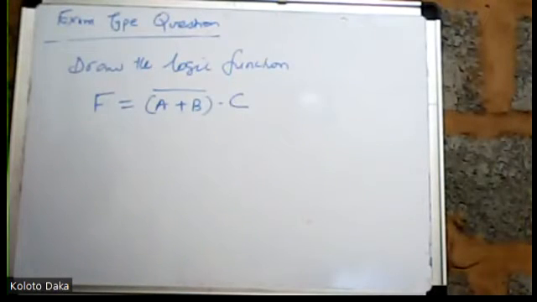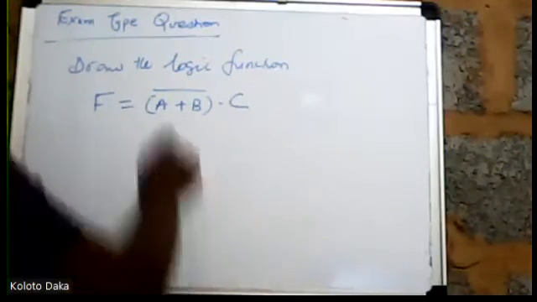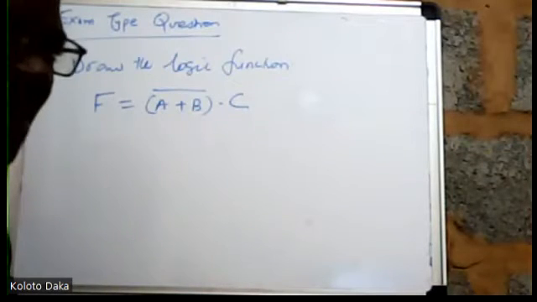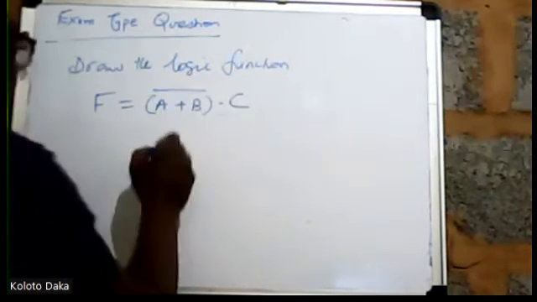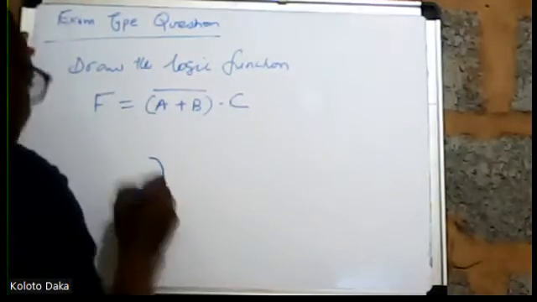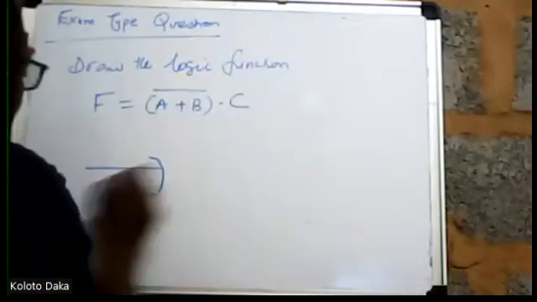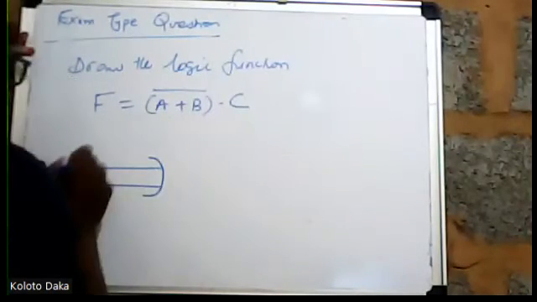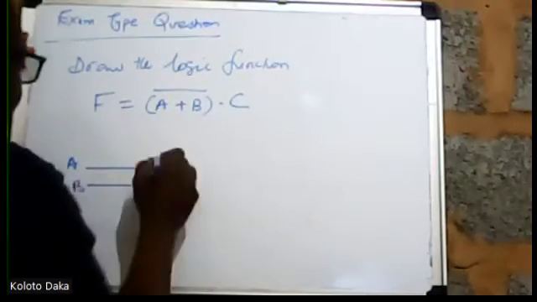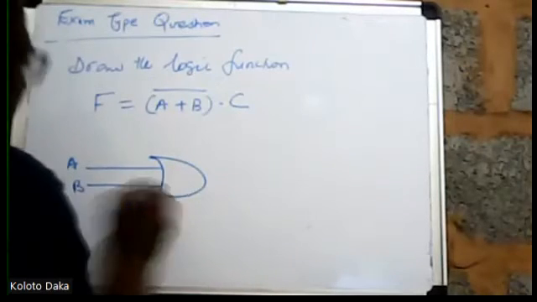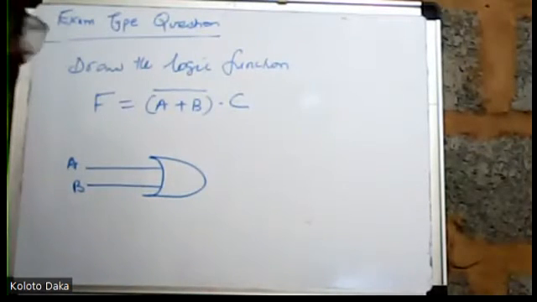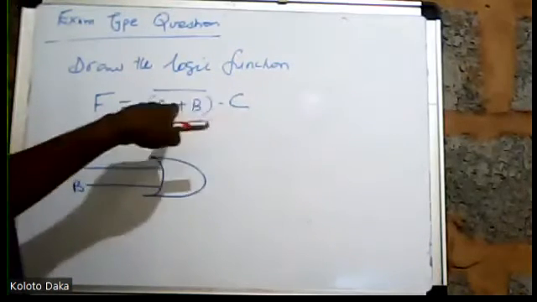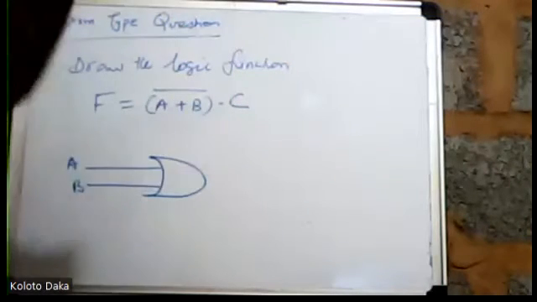Can we start with a switching circuit? Now I'll just go straight into a logic circuit. So A and B are in parallel, right? So we have A there, B there. Are we together? Yes. But what comes out of A and B, there is a bar.